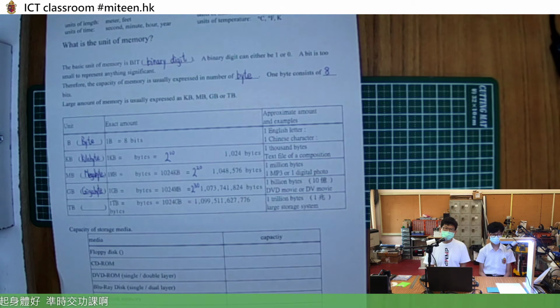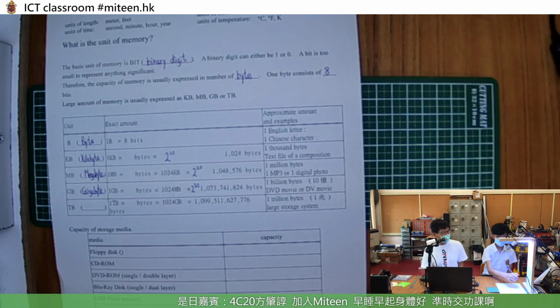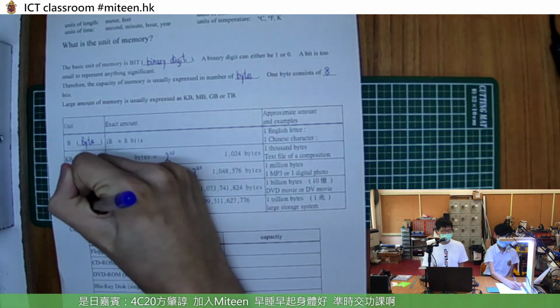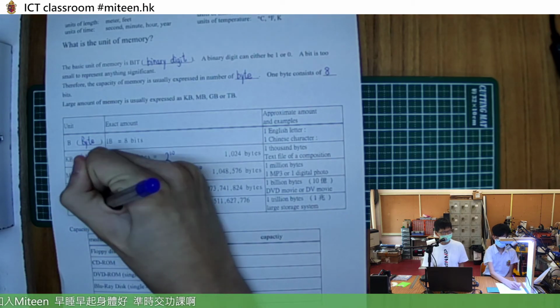If you store all the data files, all the videos, and all the MP3 in your hard disk drive, the storage capacity of a hard disk drive must be big enough. The capacity can be up to terabyte. Phillips, what is a terabyte? Terabyte is 1024 gigabytes.